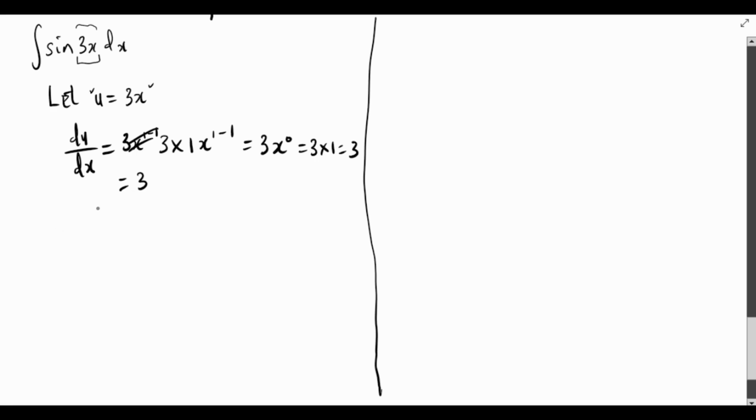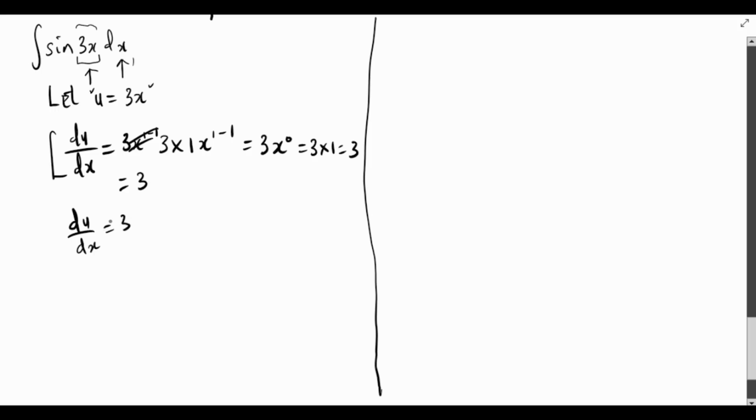Now we've gotten du dx to be 3. That is good, but where do we use that? Since we've already substituted u to be 3x, we need to also change the dx to be in terms of u. So this is why we are differentiating this. So du dx we said is equal to 3.